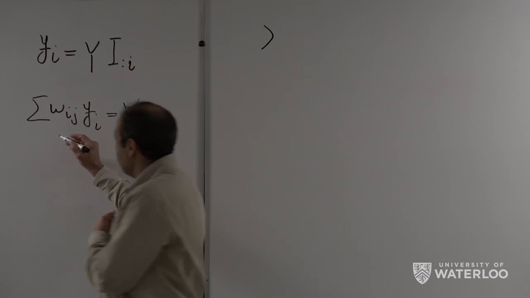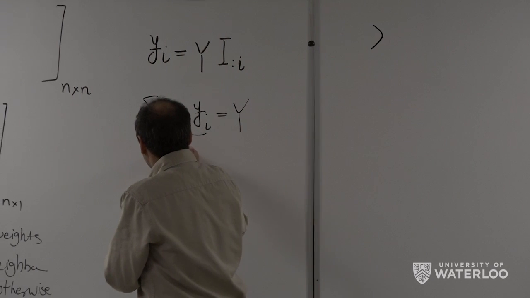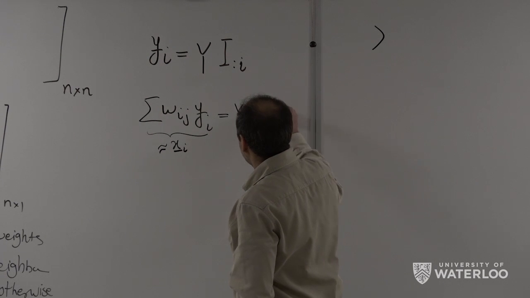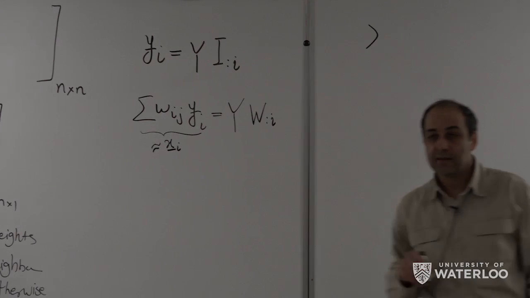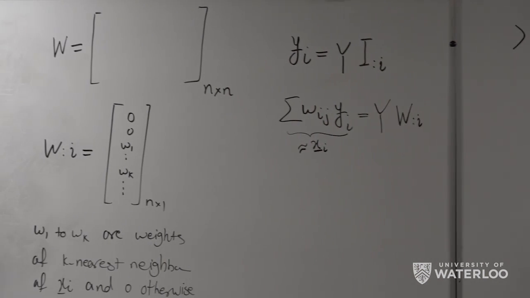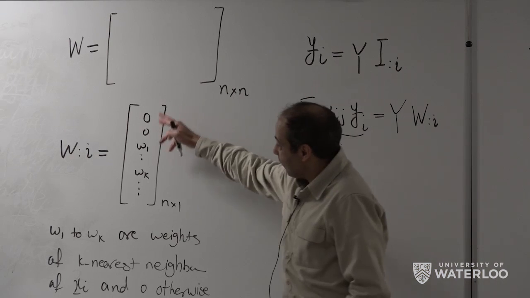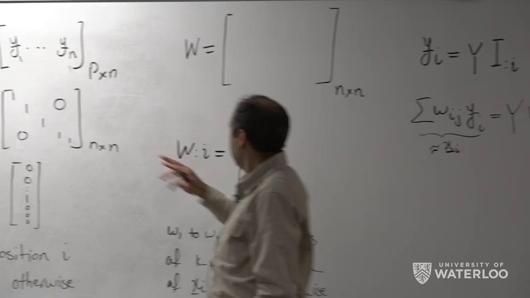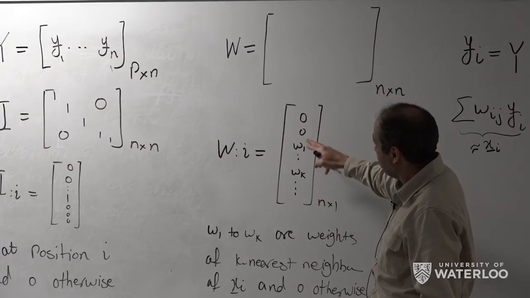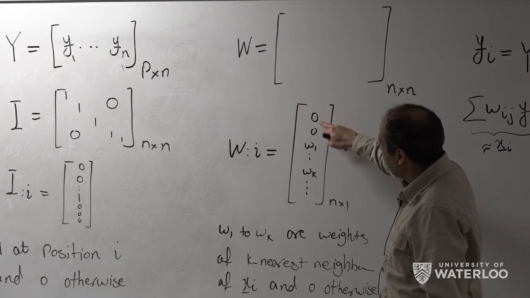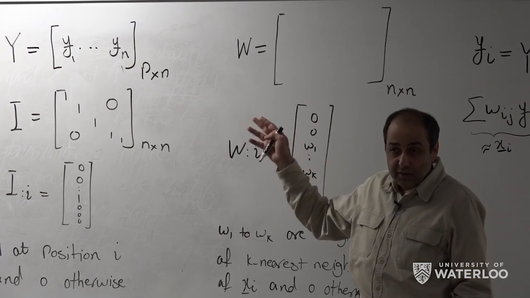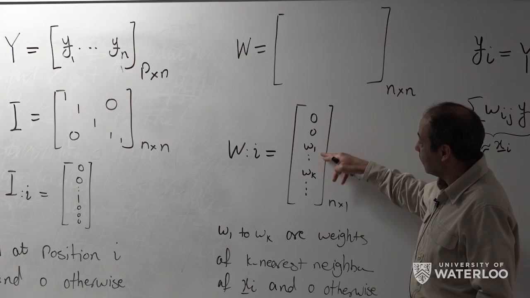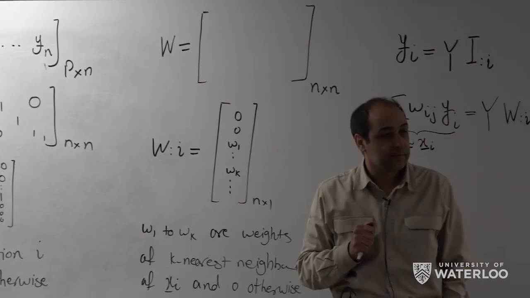So if this summation is a reconstruction of xi, basically you can write it as this matrix multiplication. See, this is a vector, n by 1. This is p by n. This p by n times this matrix. You multiply any point which is not involved in the reconstruction by 0, and the points that are involved in the reconstruction by their corresponding coefficients.